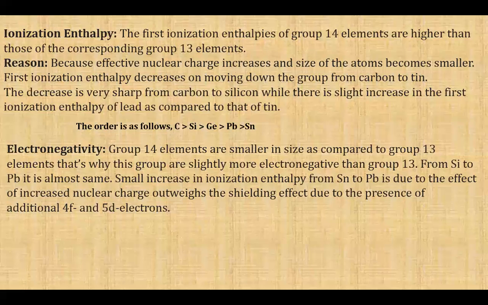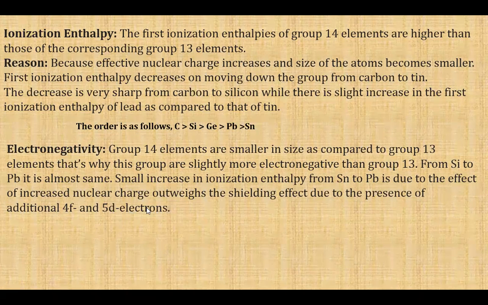The elements are slightly more electronegative than group 13, because from silicon to lead it is almost the same, and the same increase in ionization enthalpy from tin to lead. This is due to the increased nuclear charge outweighing the shielding effect of the additional 4f and 5d electrons.